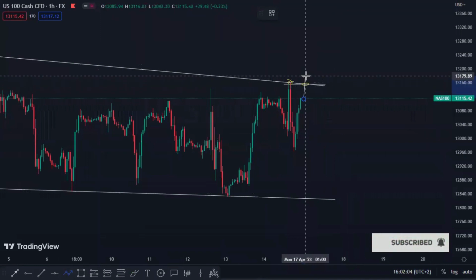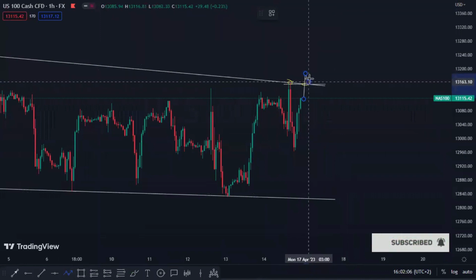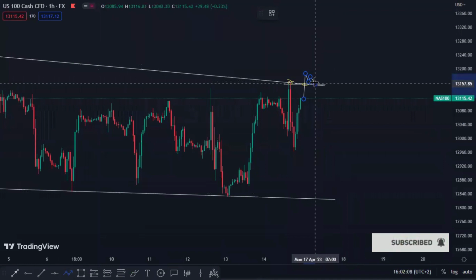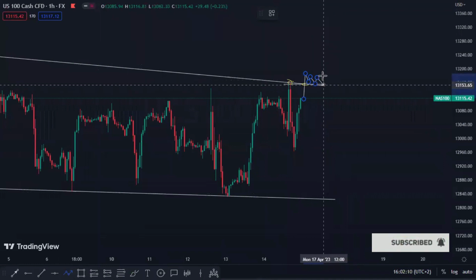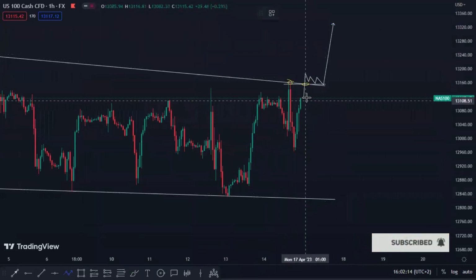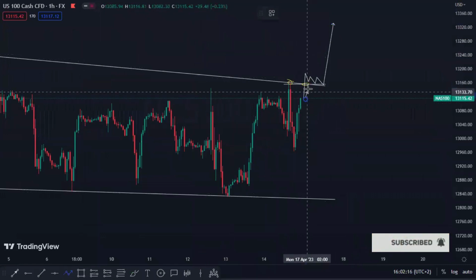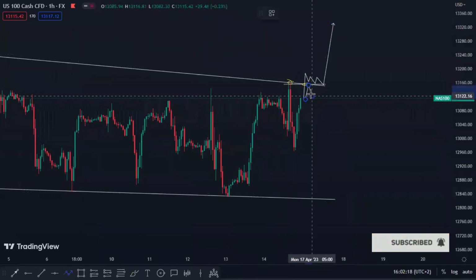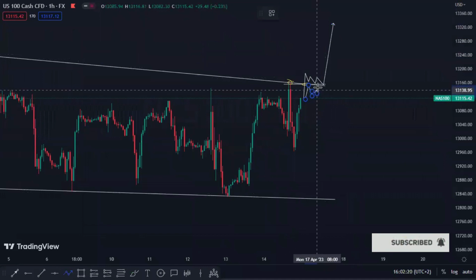It can either break out impulsively and give us that small retest correction here before giving us those buys, or price can simply respect this level and give us corrections around this area.